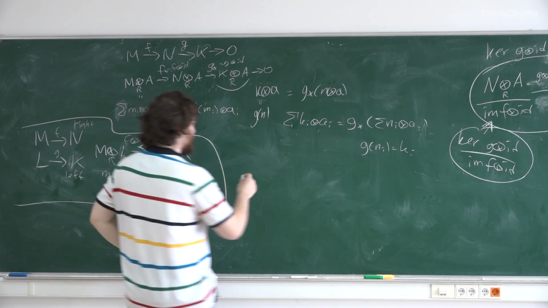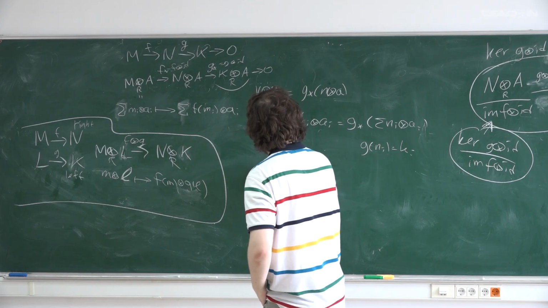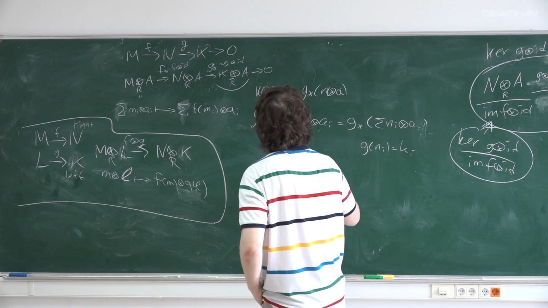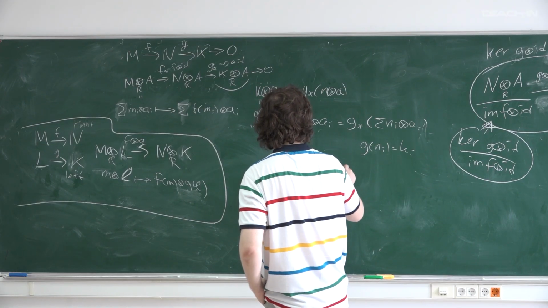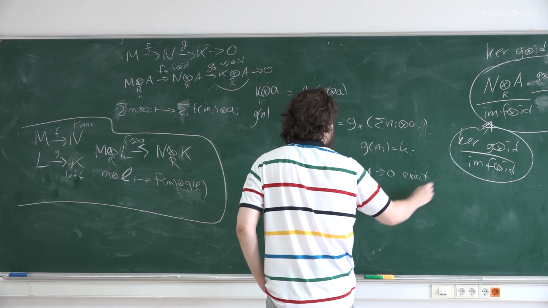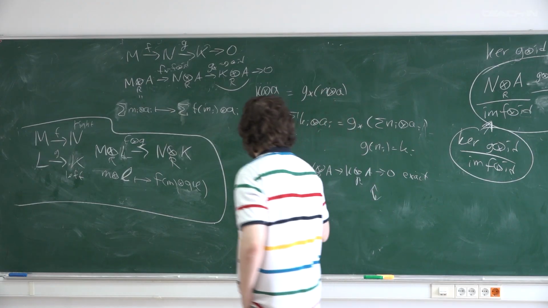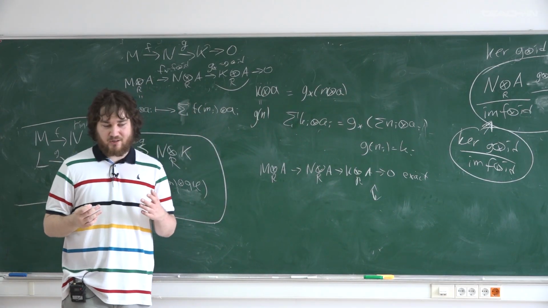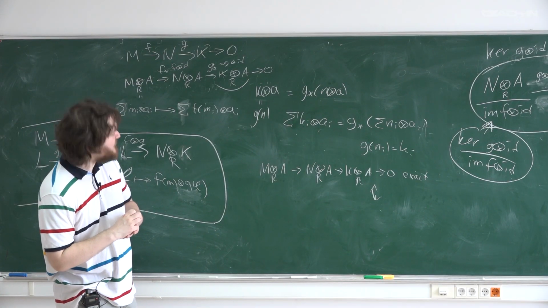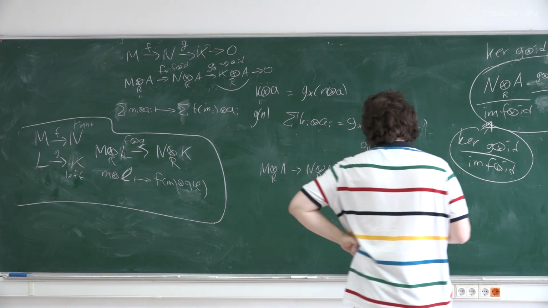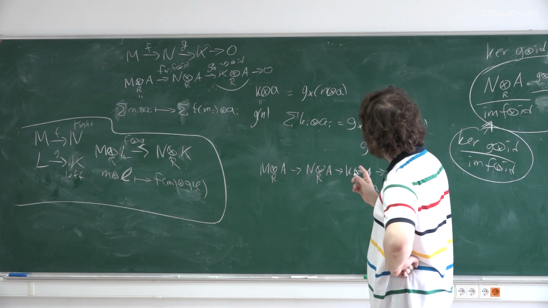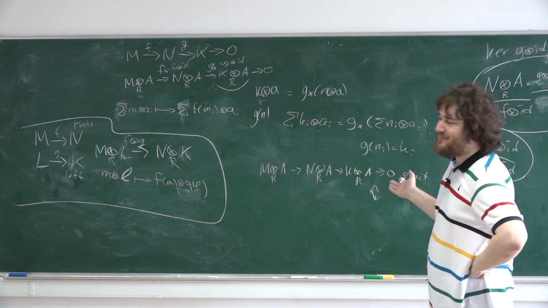Okay, yes, maybe, let's do it. This thing is exact if and only if I consider some Hom to some injective abelian group. For example, sorry. I wanted to discuss this later, but okay, maybe we will discuss it now.